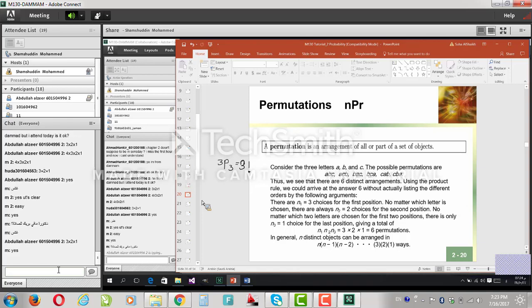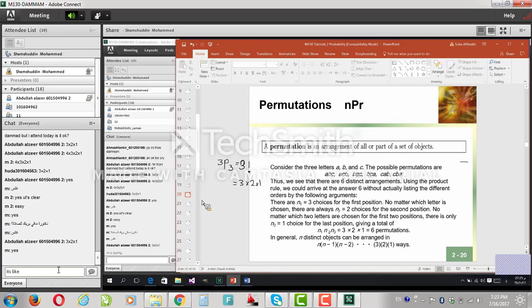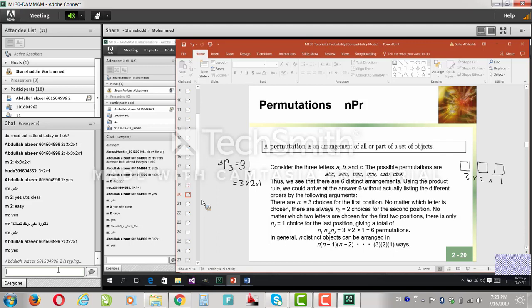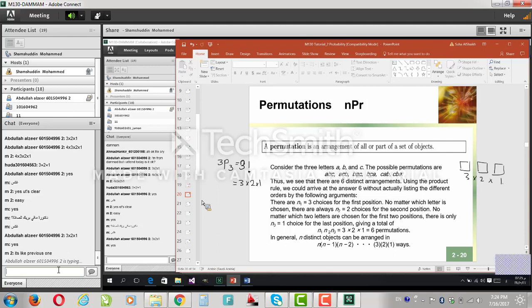In the previous example, I have 3 letters to arrange in 3 places. So this is what we call a permutation of 3 things in 3 places.